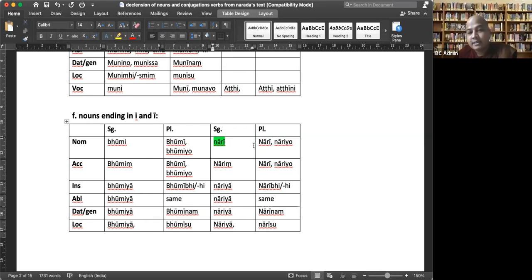And then in the other forms, you see they are mostly similar to the feminine gender noun ending in short e. Nari, nariyo, narim, nari, nariyo. Nariya, narihi. Nariya, narinam, nariya, narisu.